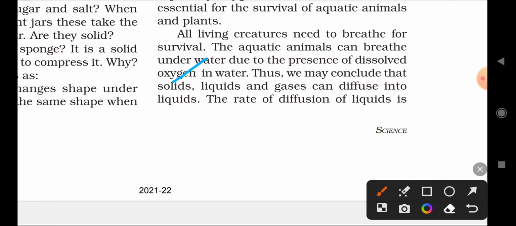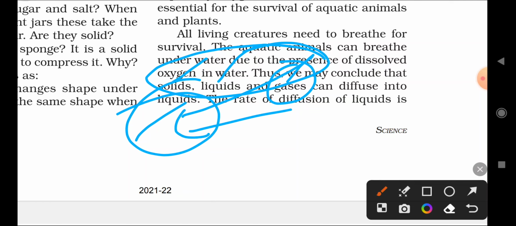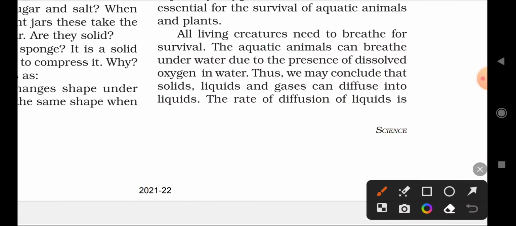We can convert a solid into liquid, liquid into liquid forms, and gases into liquid forms. All three states can be diffused into a liquid form. Remember that all states of matter can be diffused into the liquid state.